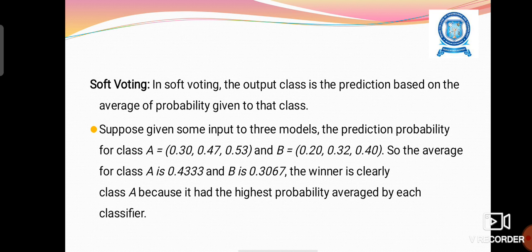Similarly for class B, the three prediction models provide their own probability values, and when we take the average we get 0.3067 for class B. When comparing the probability values of class A and B, the highest probability is possessed by class A. So the final output will be class A. This is called soft voting.